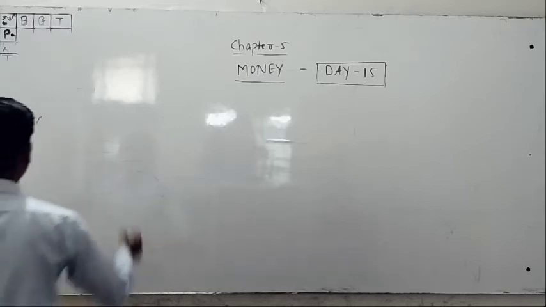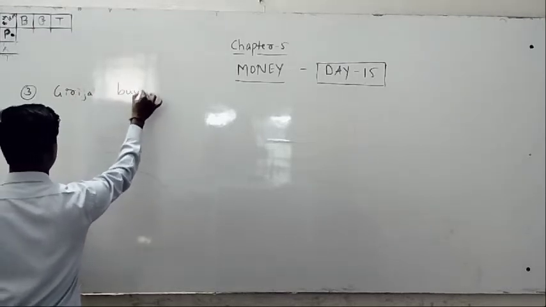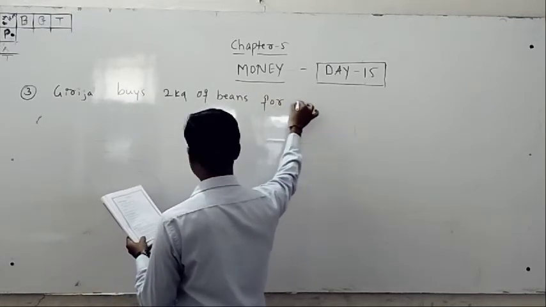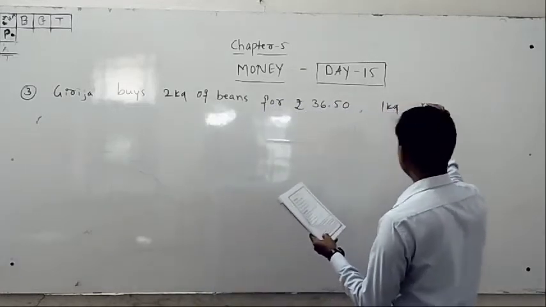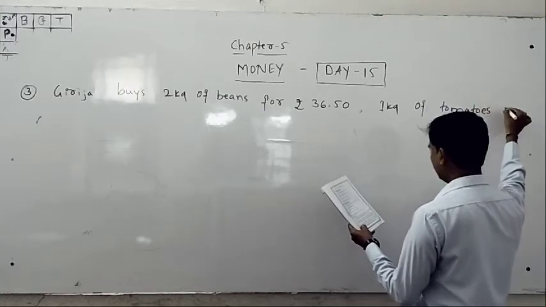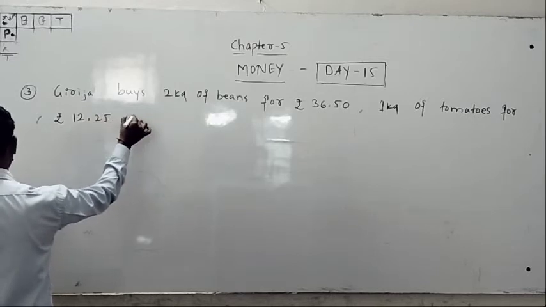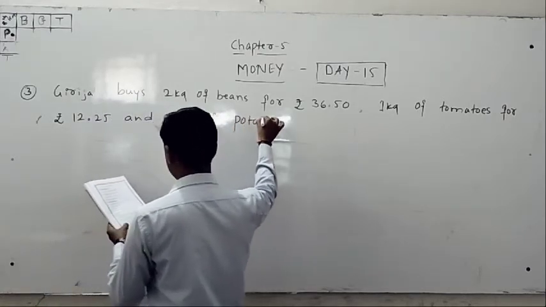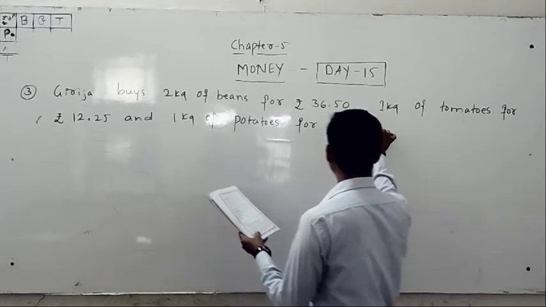Now third one problem, it is very easy. Girija buys 2 kg of beans for rupees 36.50, 1 kg of tomatoes for rupees 12.25, and 1 kg of potatoes for rupees 14.75.